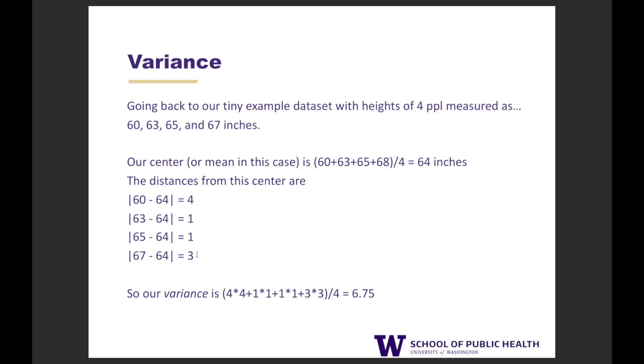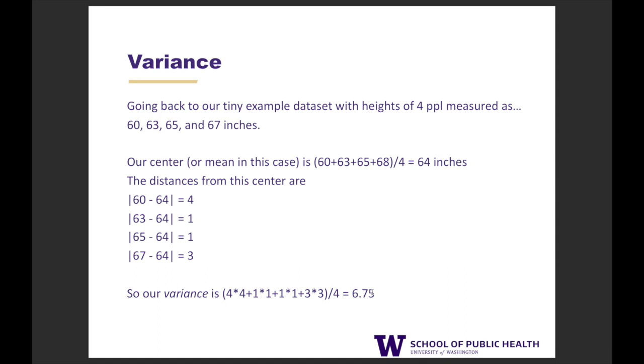When we calculated the mean absolute deviation, what did we do? We just averaged these 4 numbers. When we calculate the variance, we square each of the numbers and then average those squared values. So 4 squared is 16, 1 squared is 1, 1 squared is 1, 3 squared is 9. So we would average the numbers 16, 1, 1, and 9, and that would result in 6.75.